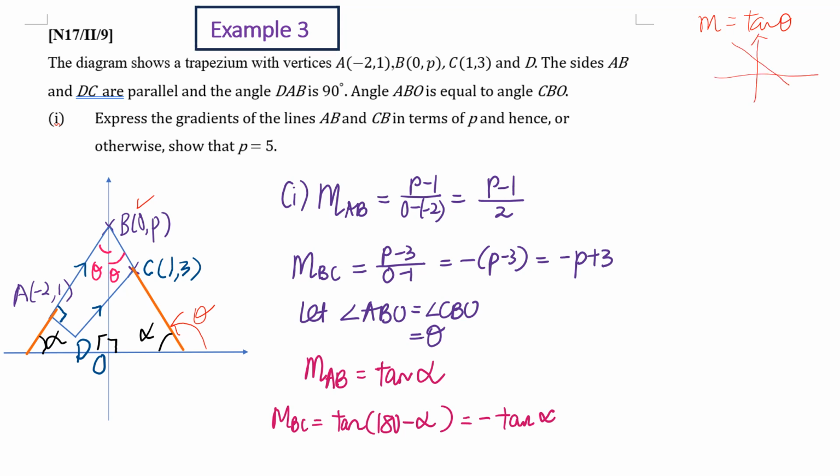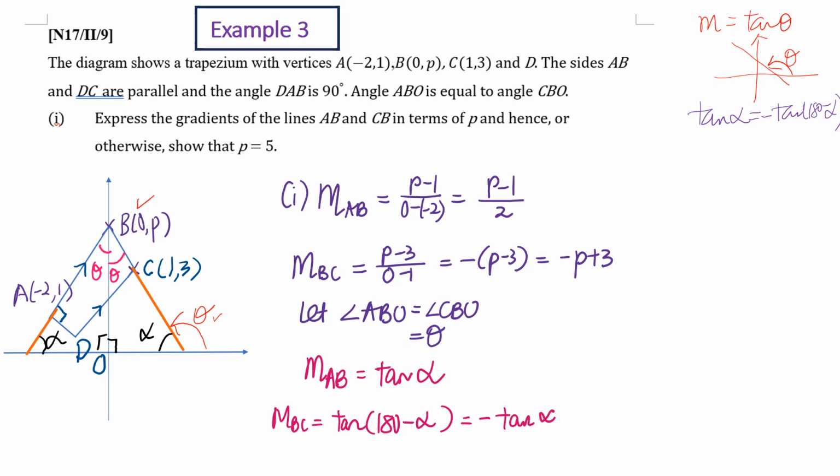So theta is the angle that the line makes with the x-axis measured in an anti-clockwise direction, right? So therefore, the gradient of BC is this angle theta here, which is 180 minus alpha. And tangent of 180 minus alpha is equal to negative tangent alpha, when your alpha is between 0 to 180 degrees.